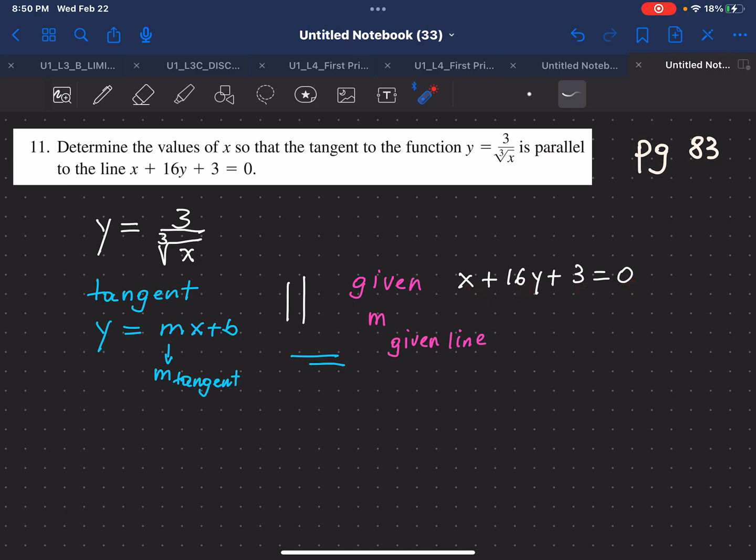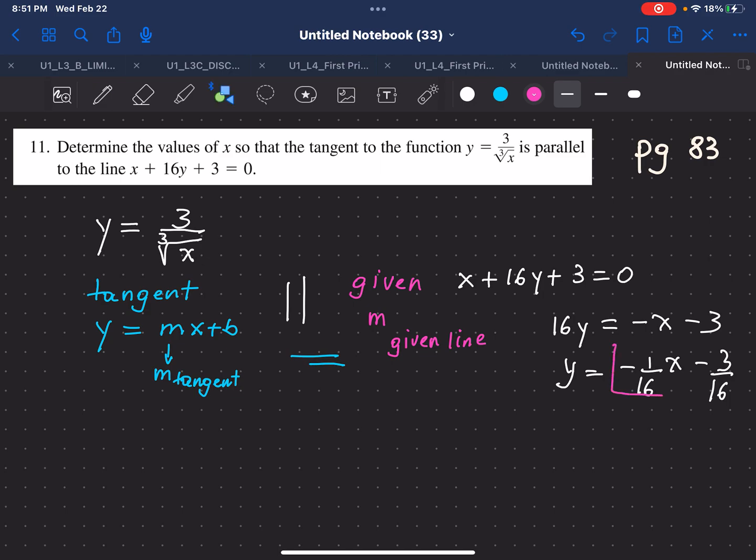There are patterns and formulas you can try to memorize, but memorizing is not the solution to every problem. So it's easier to convert this to slope-intercept form, which means we have to solve for y. So we have negative x minus 3, and then y equals negative 1 over 16 x, and then minus 3 over 16. So this is the number that we are interested in.